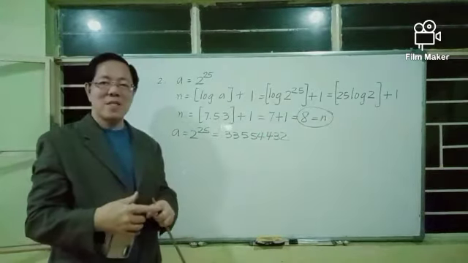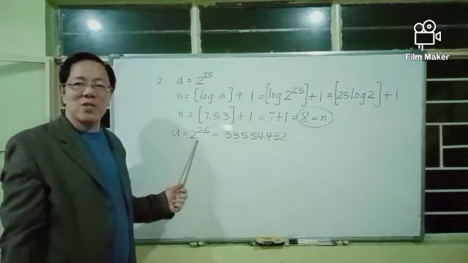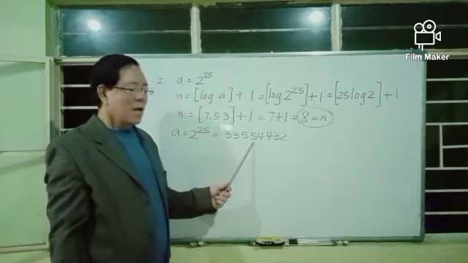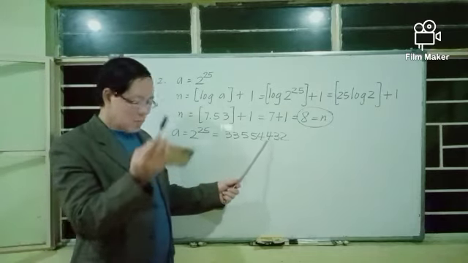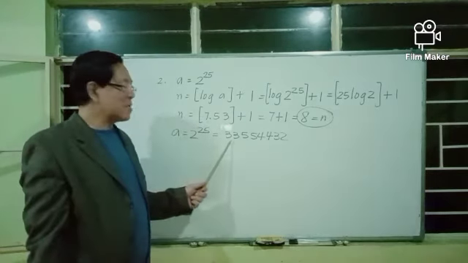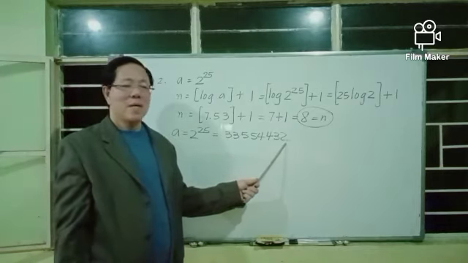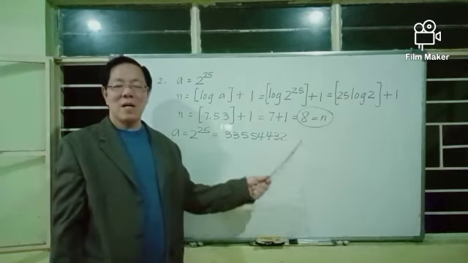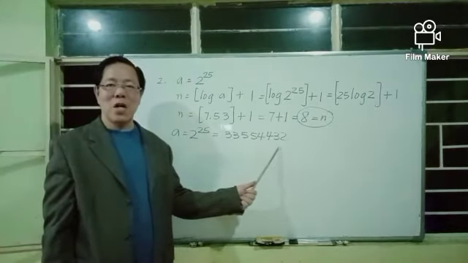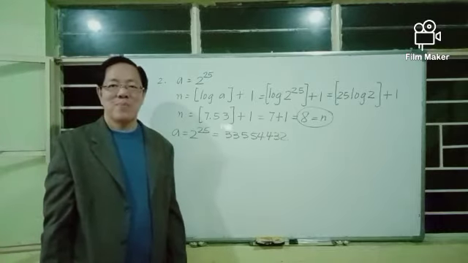The decimal representation of the positive integer 2 raised to 25 is 33,554,432. And counting the number of digits, we have 1, 2, 3, 4, 5, 6, 7, 8. And so our answer is correct. There are 8 digits in this decimal representation of the positive integer 2 raised to 25.